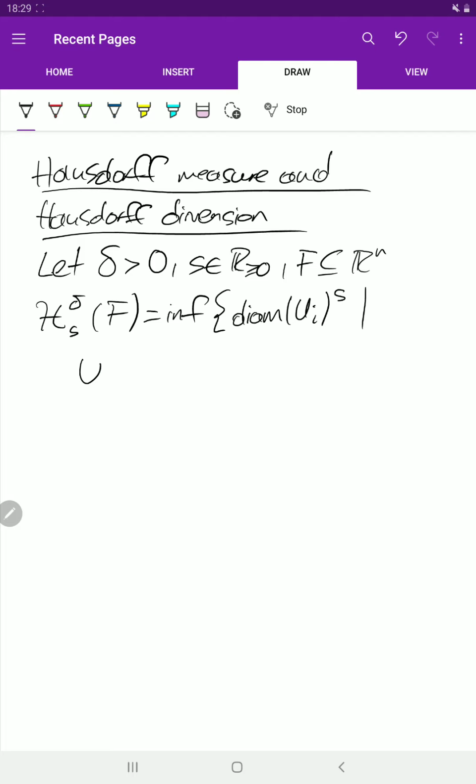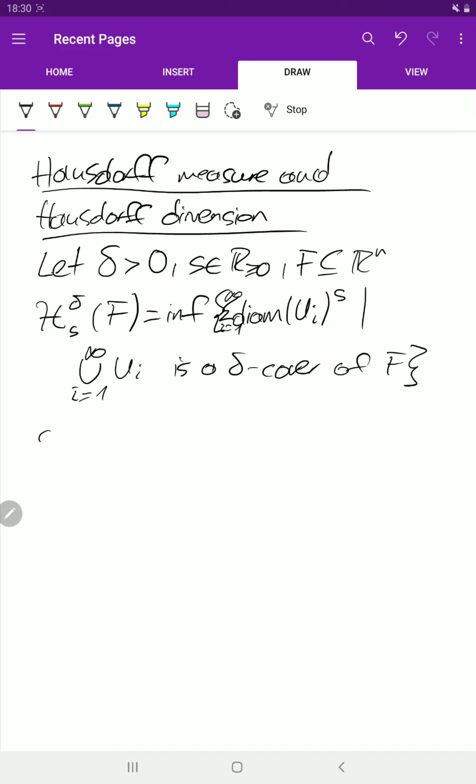And we want, I forgot a sum. So here we have a sum over some countable set of U_i's, and we want that the union of the U_i's is a delta cover of F. So now we have two questions: what is a delta cover and what's the diameter?